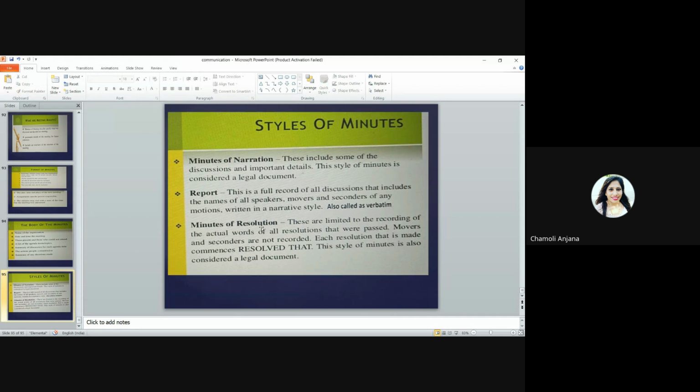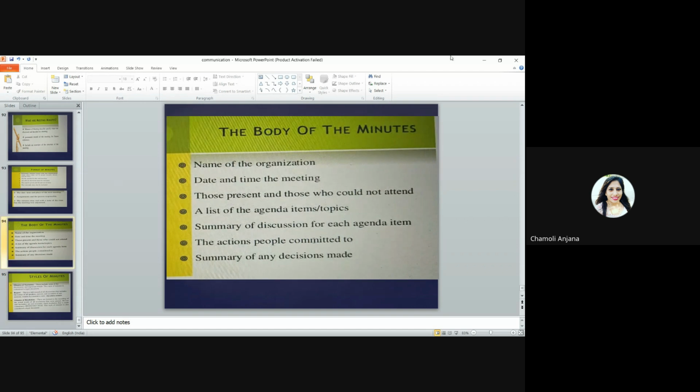Minutes of resolution is one where they do not include all the discussions, but they only tell what was the resolution that was made, what was the decision that was made. So only that part is recorded in the minutes of meeting. Okay, so this is about different types of meeting.